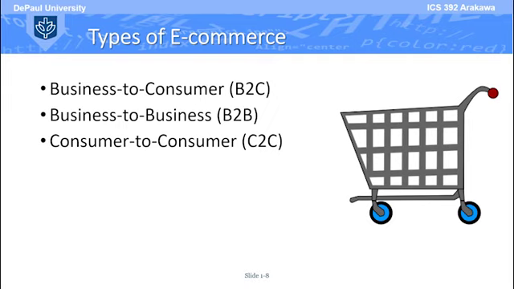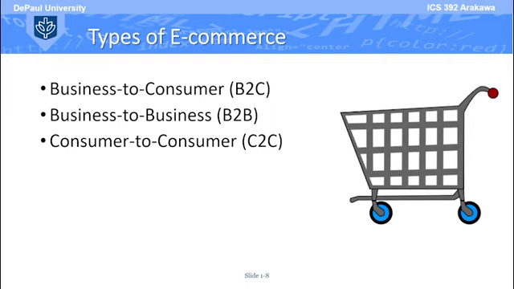Obviously eBay has morphed into a B2C, C2C mishmash depending on what seller you're going to, but traditionally eBay was a consumer to consumer auction site. Other examples, Craigslist would be included in C2C.